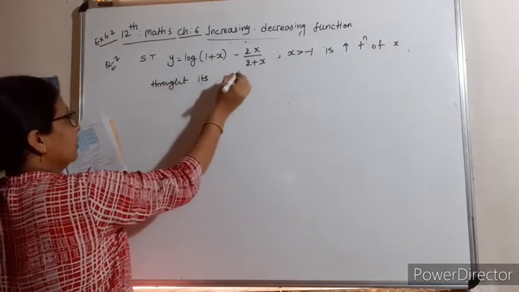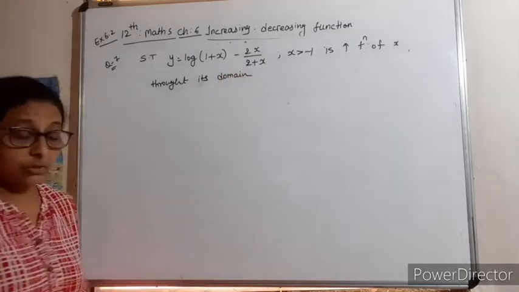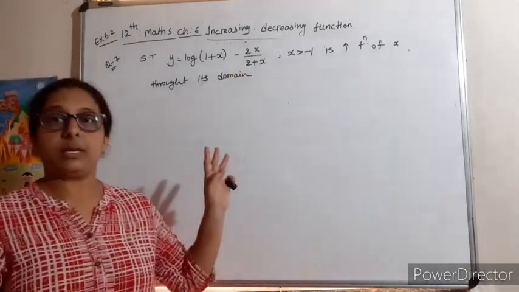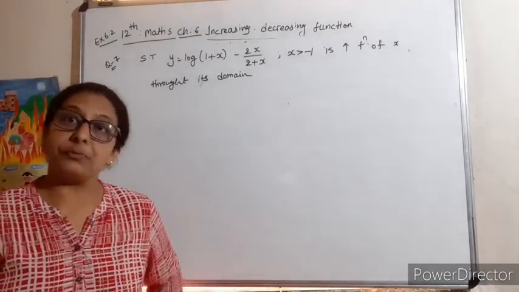Throughout its domain मतलब in whole domain. It is never negative, it is always positive. f dash x. ऐसा आपको prove करना है.